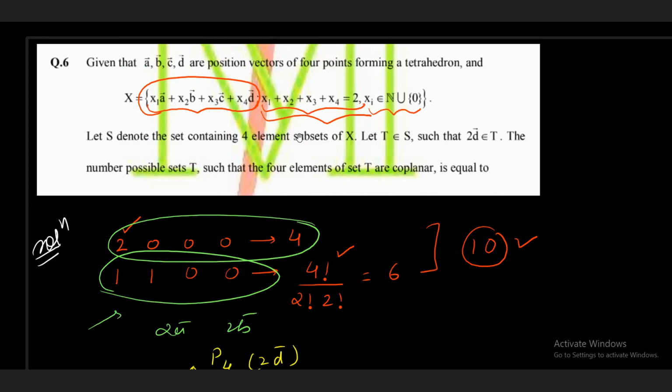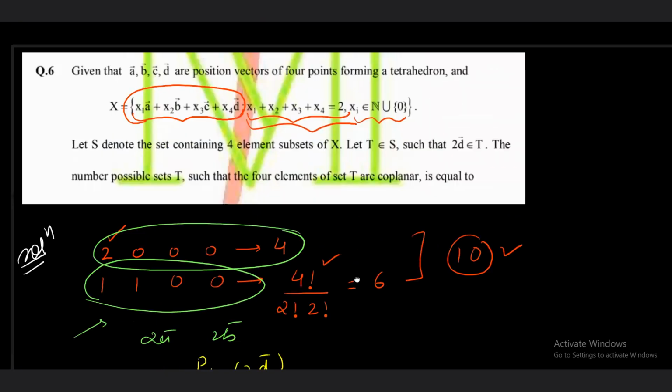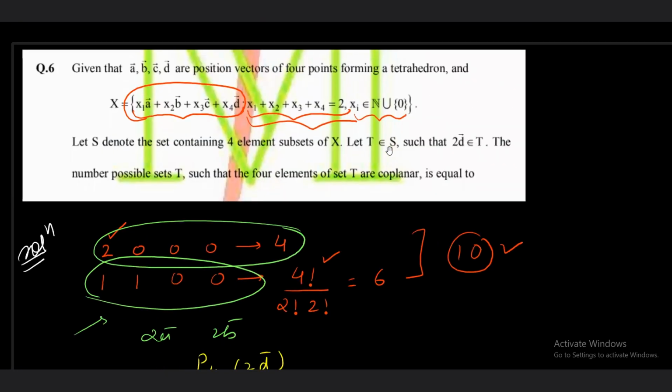S denotes the set containing 4 element subsets of X. यानी अब आपको एक नया set बनाना है which is going to contain 4 points out of these 10. ठीक है, we have to make a set containing 4 points out of these 10. इस 10 में से 4 points का एक set बनाया जाएगा with the condition let T belongs to S. Now we have to take another subset of the set S. यानी आपने 4 points का एक set बनाया, उसमें से एक element है T. What is it representing?